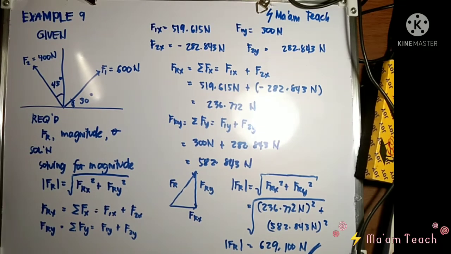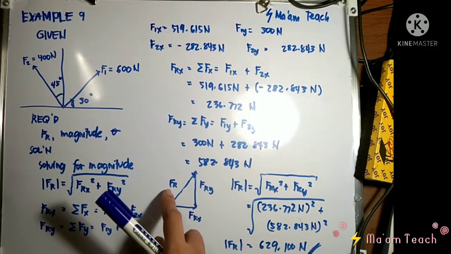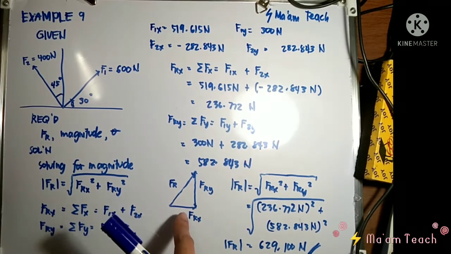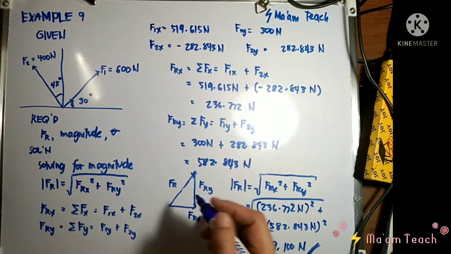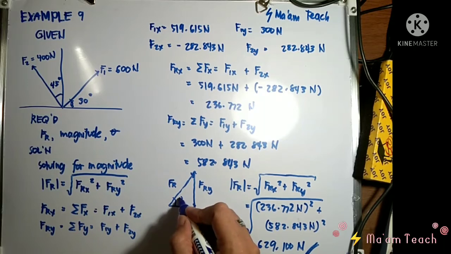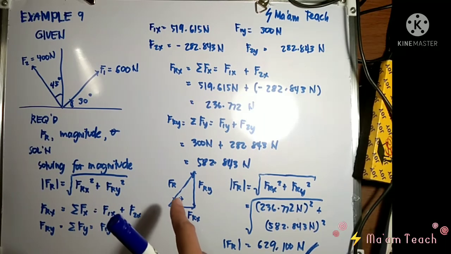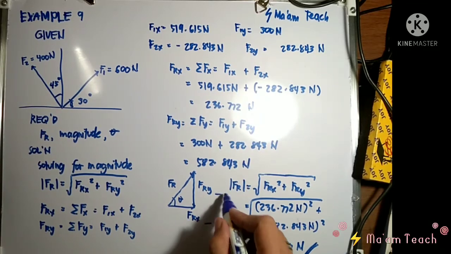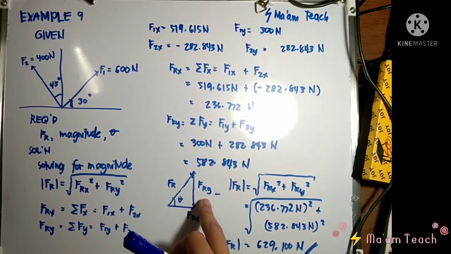Now how about for the angle or direction of your F sub R? This is your F sub R, and we can only describe it using an angle. As you can see here in the figure, we can have our angle with respect to x, which is right here. In order to solve for theta, given this FRX and FRY, this is adjacent and opposite.